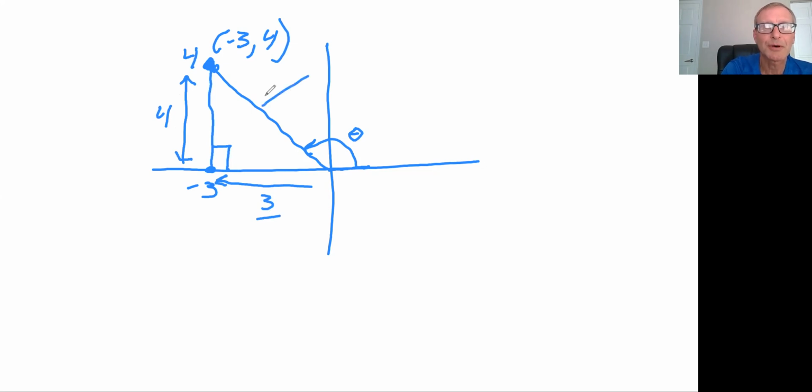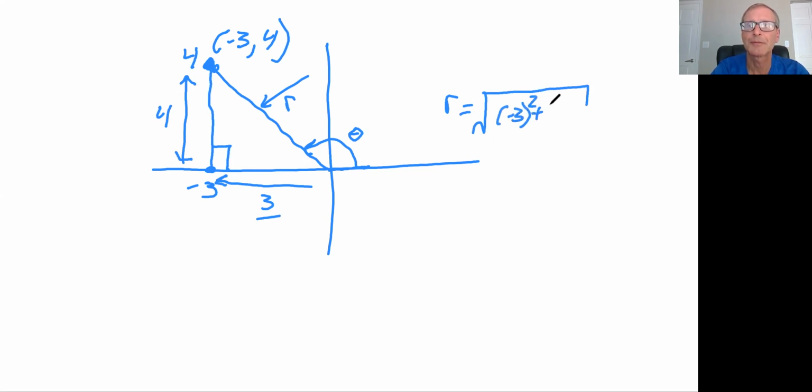So what is r? That is the hypotenuse. And r, strategically set up, would be the square root of minus 3 squared plus 4 squared, which is the square root of 25. So r equals 5.